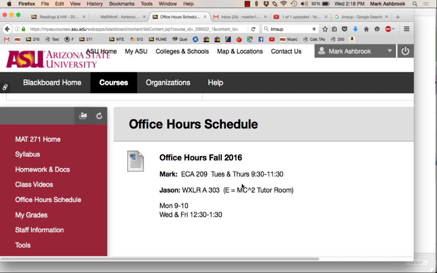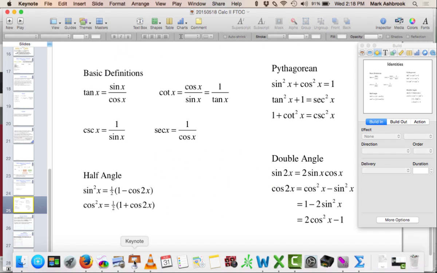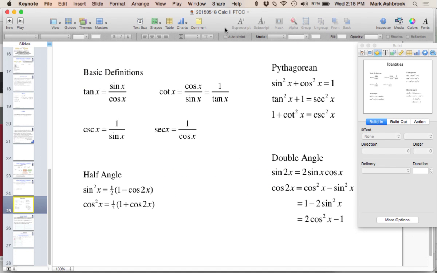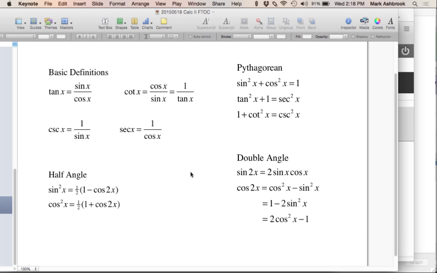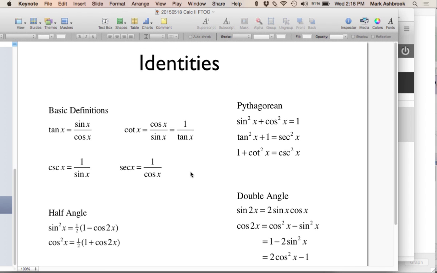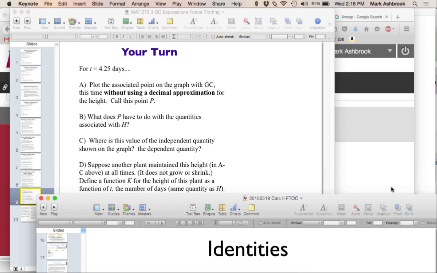So let's go on to the next technique, which is integrals involving trig functions. So here is a list. A key component to these trig integrals are trig identities.